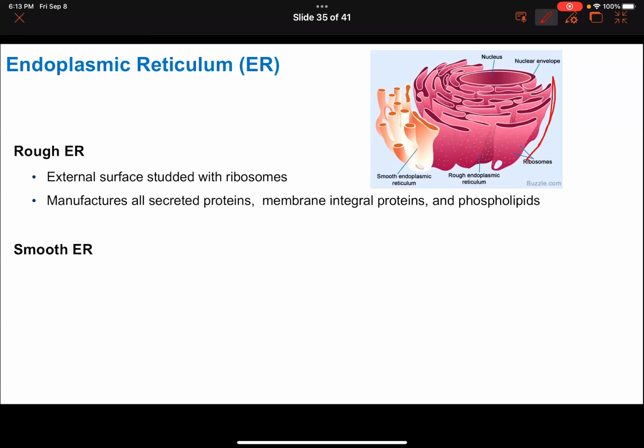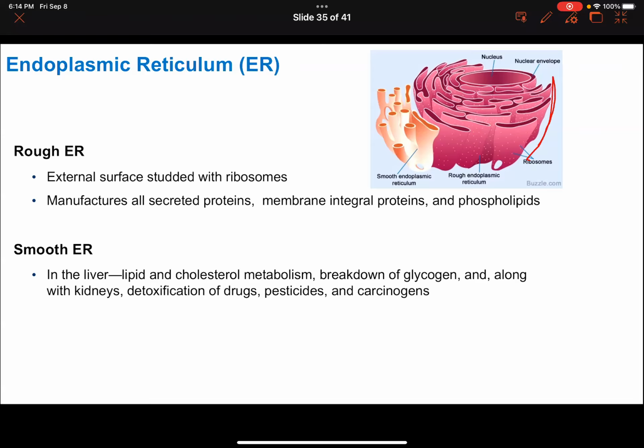What the rough ER does is it manufactures all secreted proteins, and so it's going to make the proteins that the cell needs to release, and it's also going to make the proteins that are integrated into the membrane, and it makes phospholipids for the plasma membrane of the cell.